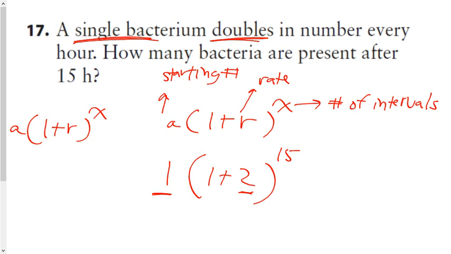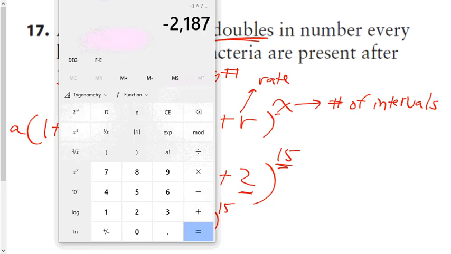And this x up here, this 15, is simply how many time intervals there are. So when we simplify that, 1 multiplied by 3 to the exponent of 15, do I do my multiplication first or my exponents first, according to BEDMAS? Exponents.